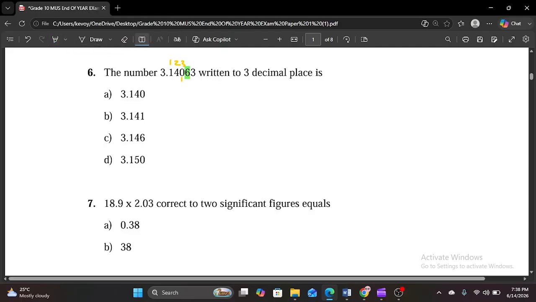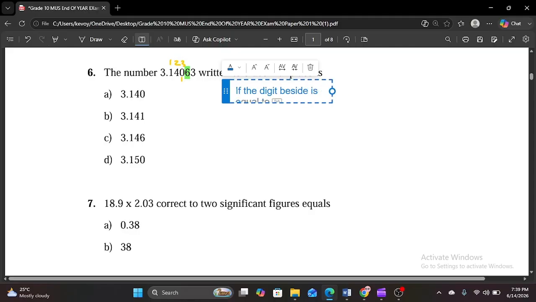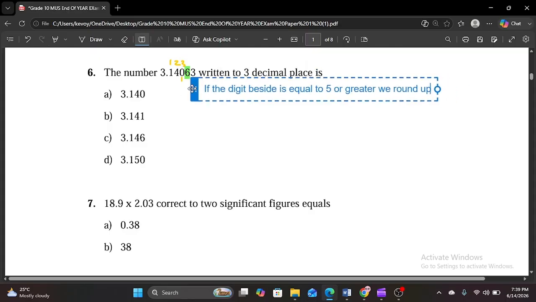All right, because it is greater than 5, let me write it down. If the digit beside is equal to 5 or greater, we round up.